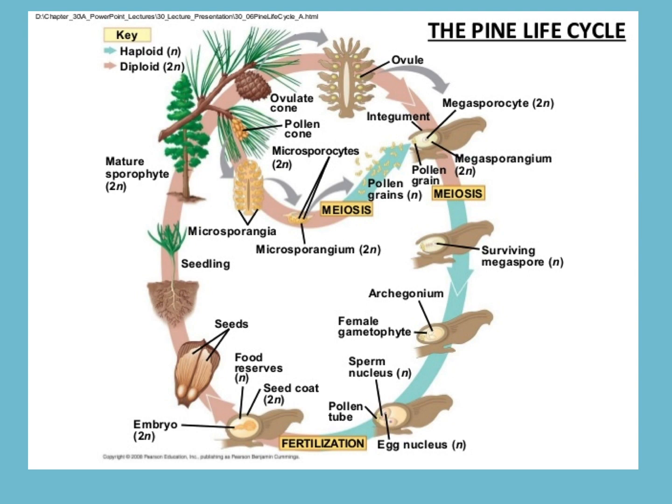The female cones, which are also known as the ovulate cones, contain two ovules per scale. One megaspore mother cell, which is also called a megasporocyte, will undergo meiosis in each ovule. It will produce 4 cells, and 3 of the cells will break down, leaving only 1 single surviving cell, which will develop into a female multicellular gametophyte.